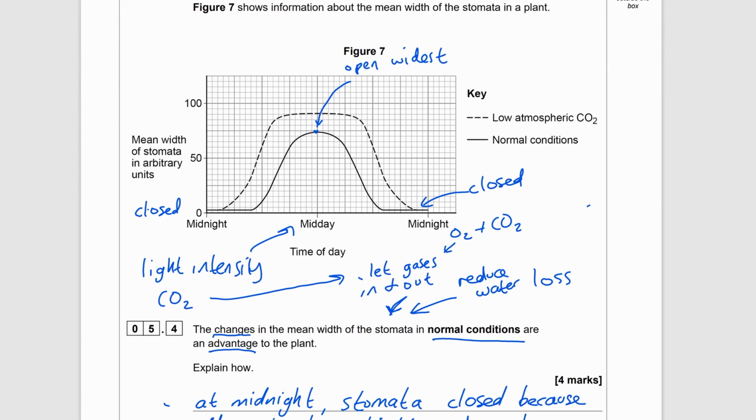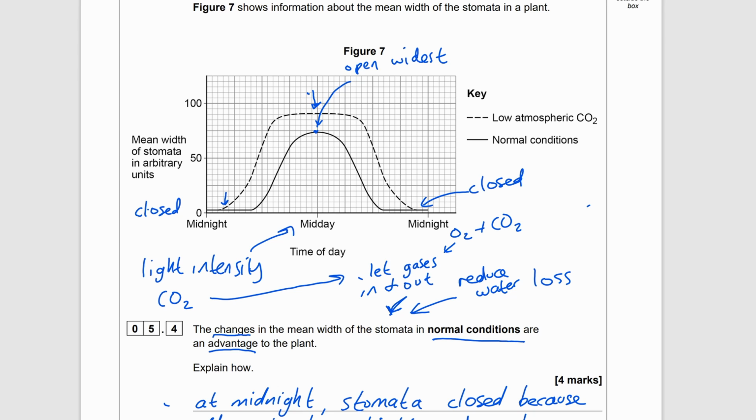So let's look at the low atmospheric carbon dioxide graph now and see how that's different. So at midnight it is closed, but you can see that it increases earlier than the normal conditions. Let's go to midday. You can see that the line is higher for low atmospheric carbon dioxide, so that means that the stomata is open wider.